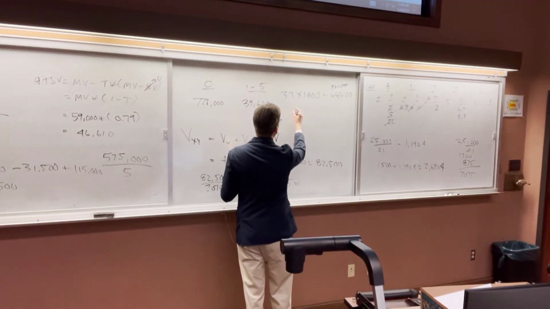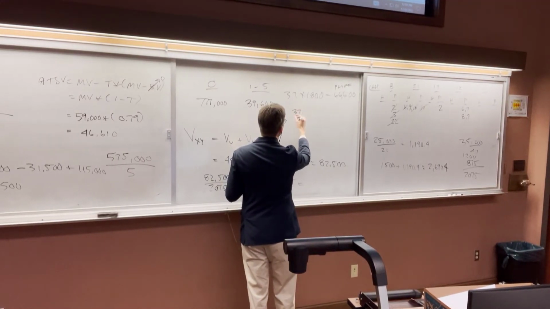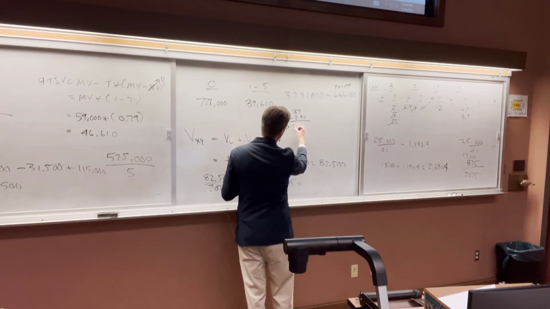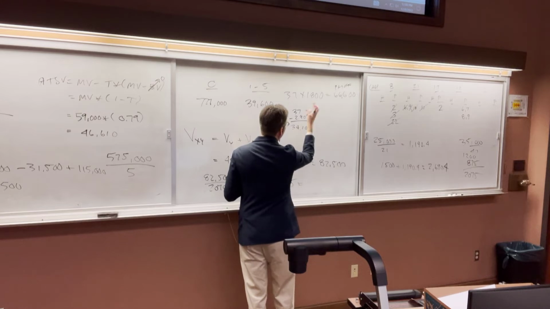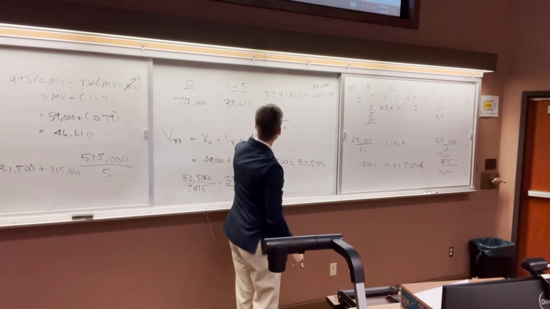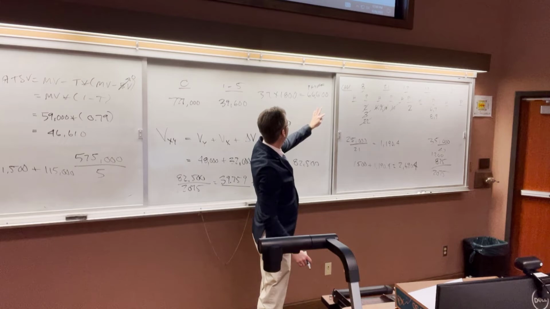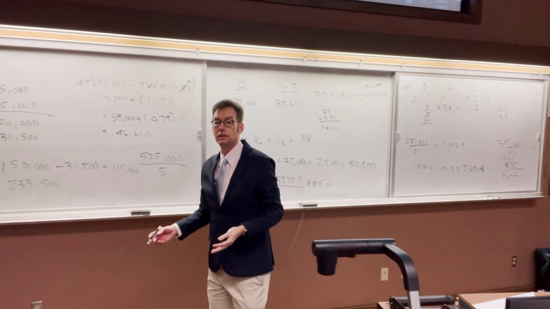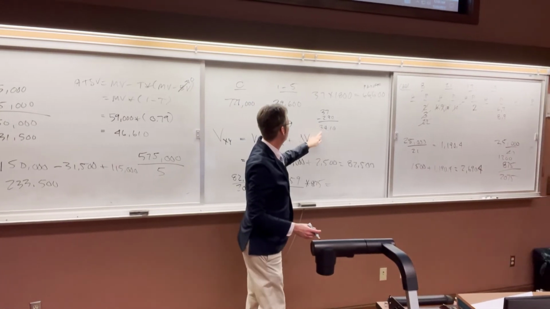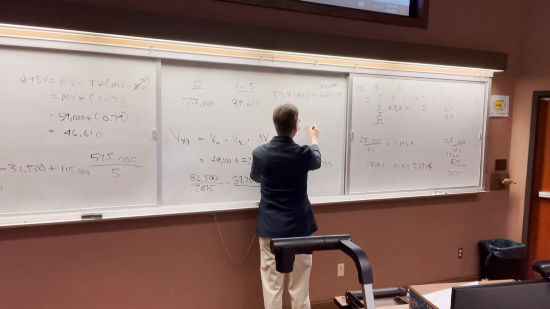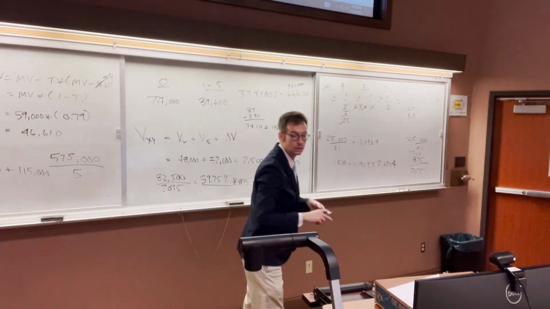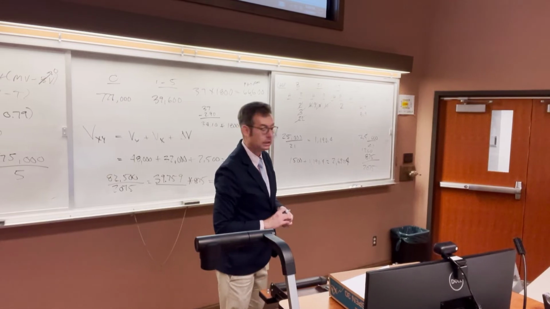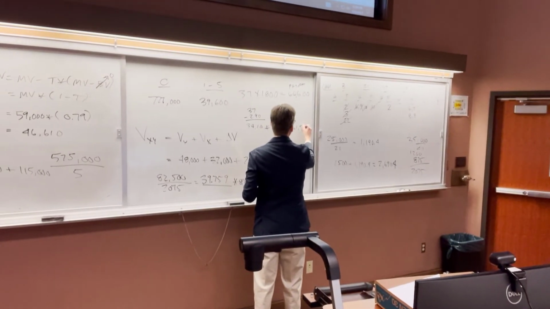We could say 37 minus 2.90, that's 34.10, and then multiply by 1800. Or we could multiply 2.90 out by 1800, subtract the difference and divide by 1800. So let's do it this way. What's 34.10 times 1800? $61,380, just like it says.